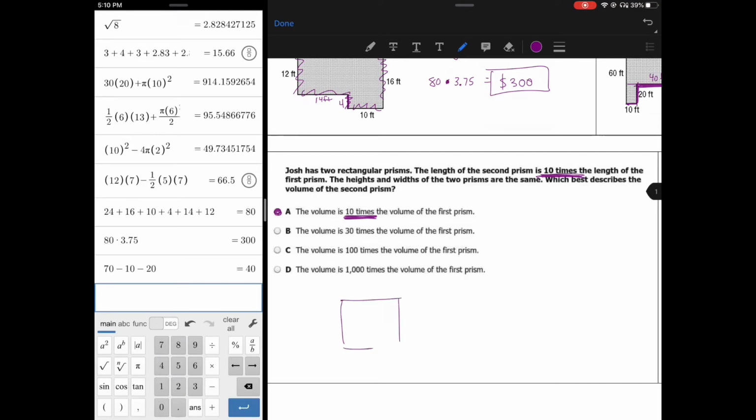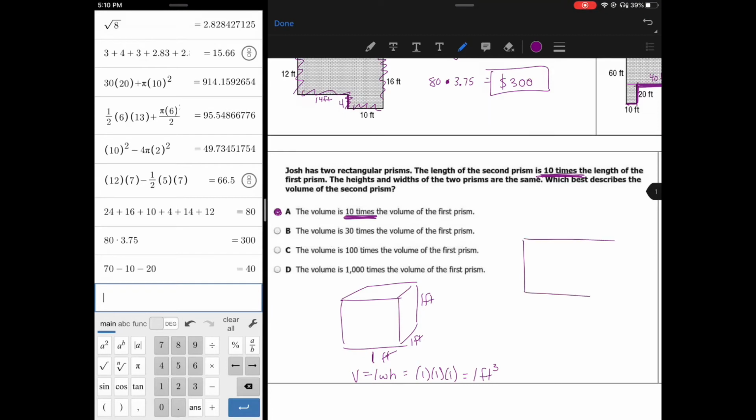Say I have a rectangular prism that's 1 foot by 1 foot by 1 foot. Volume is length times width times height, which is going to be 1 times 1 times 1. And that's not a 1, that's a 10. So the volume would be 1 cubic foot.